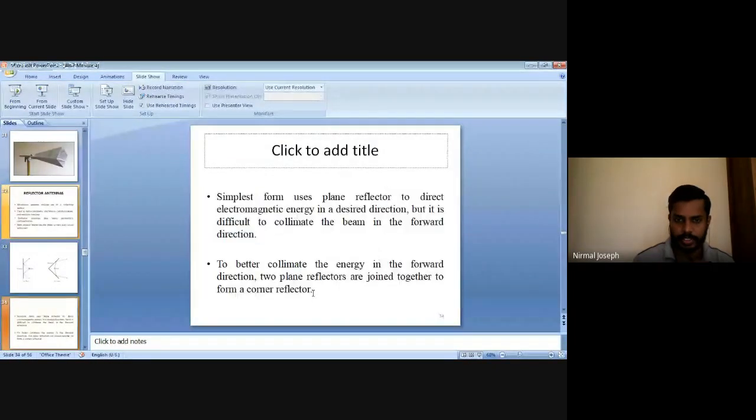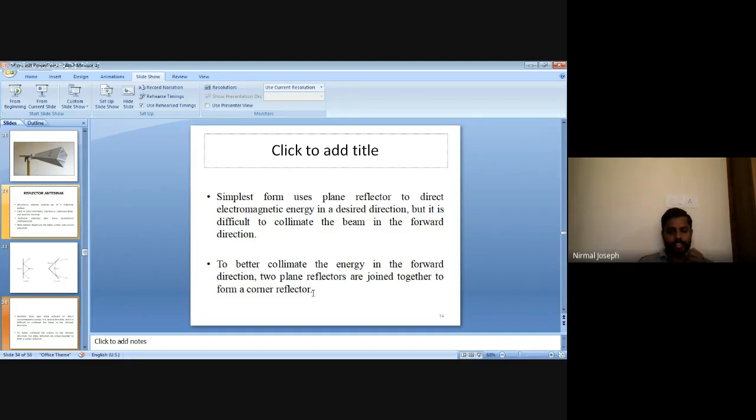The simplest form uses a plane reflector to direct electromagnetic energy in a desired direction, but it is difficult to collimate the beam in the forward direction. So, for better collimation, we use a corner reflector. Just placing two plane reflectors at an angle gives us a corner reflector.